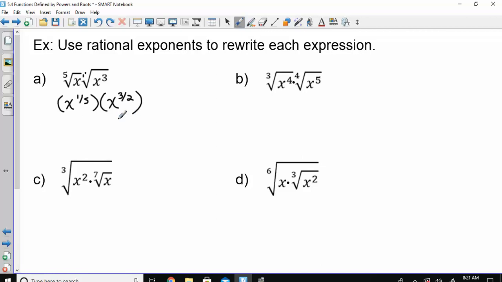Now, when you're multiplying, if the x is written each time, what do we do with these exponents? Add them. We need to do 1/5 plus 3/2. If you need to use a calculator on that, you can. So what do we get? 17/10.